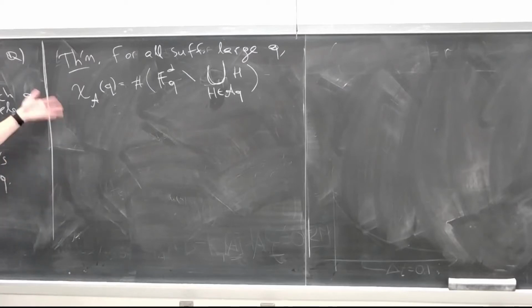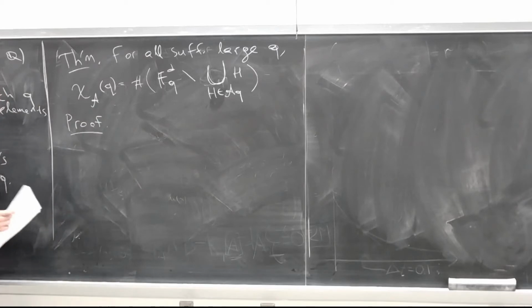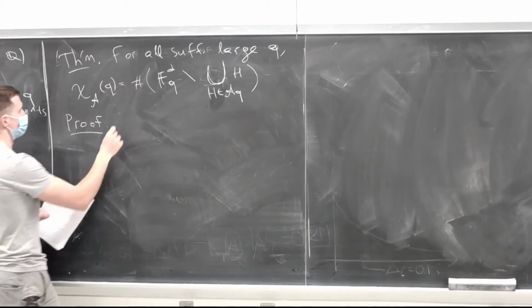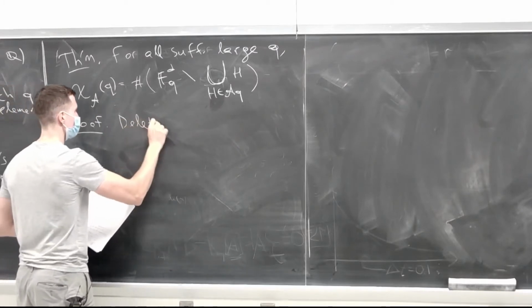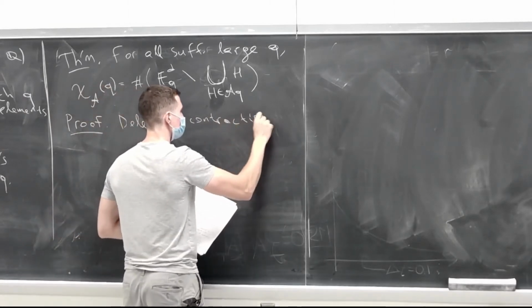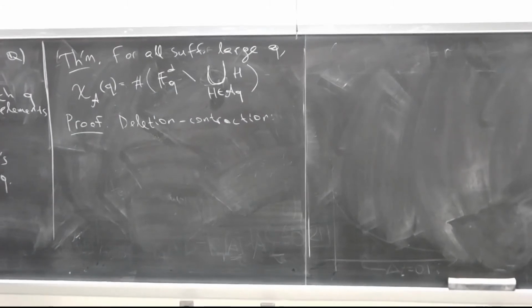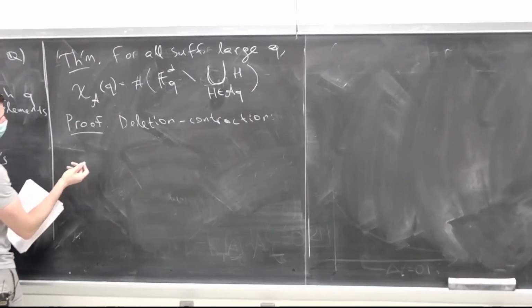When I first learned about this, to me it was mind-blowing that there is actually a deep reason from algebraic geometry why this should work, but for us, I guess we can prove it pretty easily. How do we prove this? Well, we can prove this using deletion-contraction.